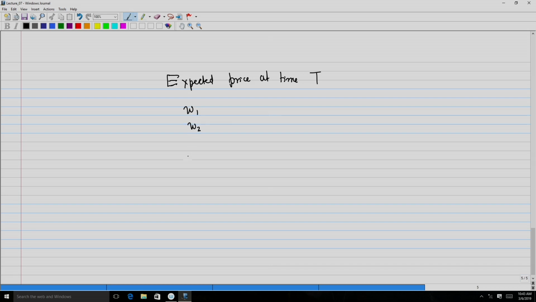So, I had omega 1, omega 2 all the way to omega n, with the stock prices being S omega 1 of t, S omega 2 of t all the way to S omega n of t, with the probabilities p 1, p 2 all the way to p n. The summation of p i, i equal to 1 to n, is equal to 1.